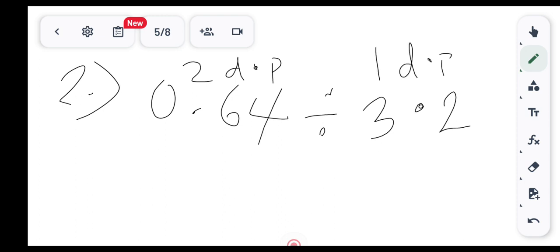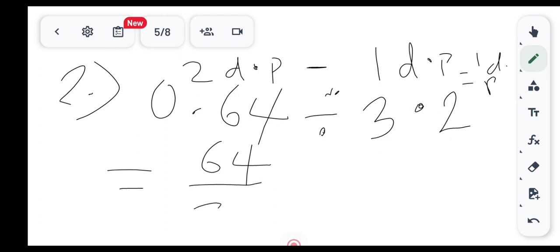Now, when you are dividing decimals, what do you do to their DP? You subtract. So I have 1 DP left. Now I will ignore the points as if they were never given. So 64 divided by 32. What's the highest number that can divide both?